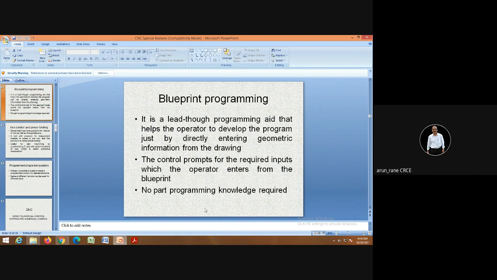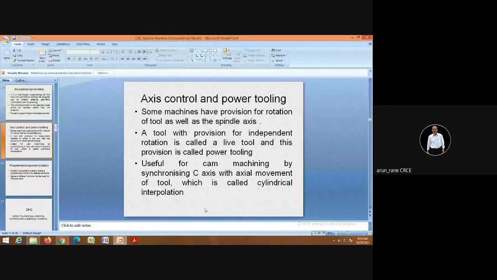Like it will ask, what is the diameter? You just write 20. It will ask, what is the length? You feed the length like that. This is what is called blueprint programming. Here you don't have to remember or know the codes. So this is again a good feature.